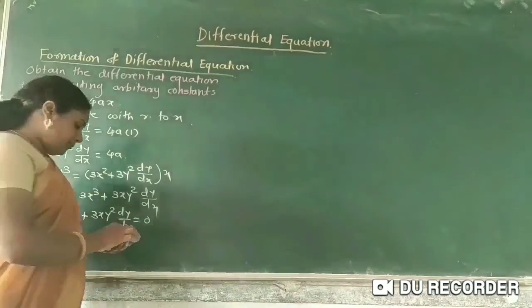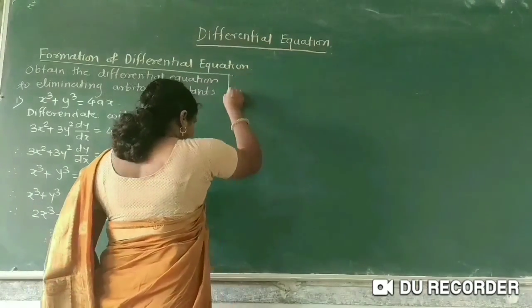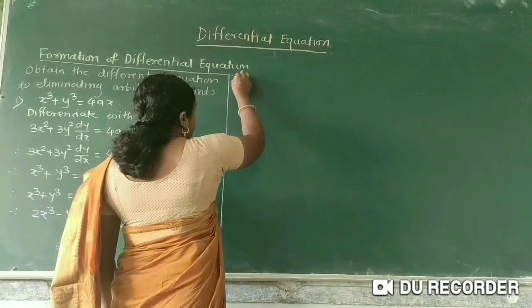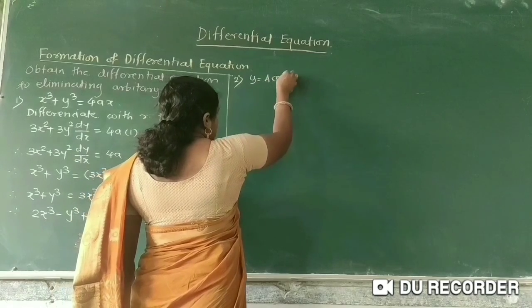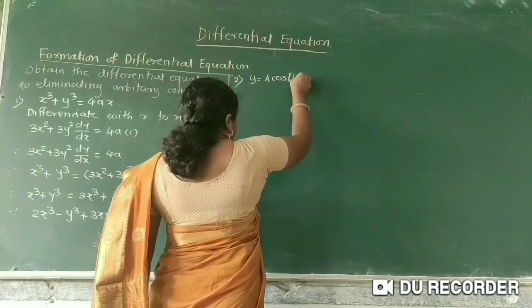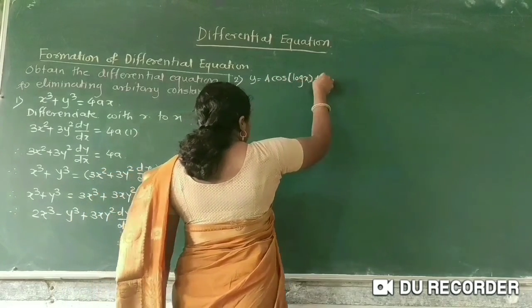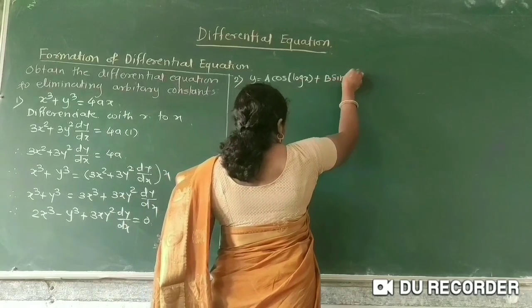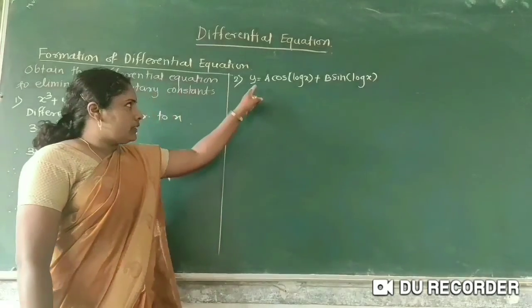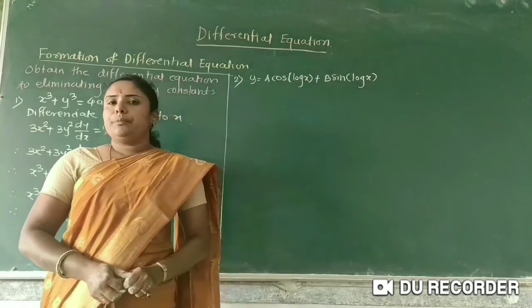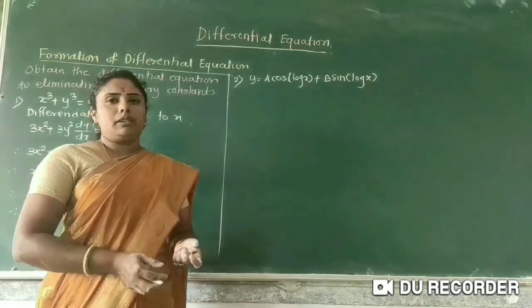Second example is y is equal to a cos log x plus b sin log x. In this equation, a and b are two arbitrary constants. Therefore, we can differentiate two times.